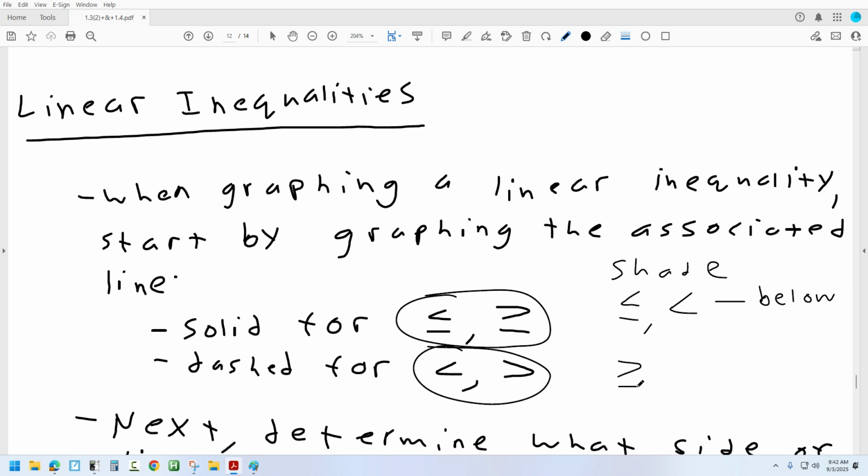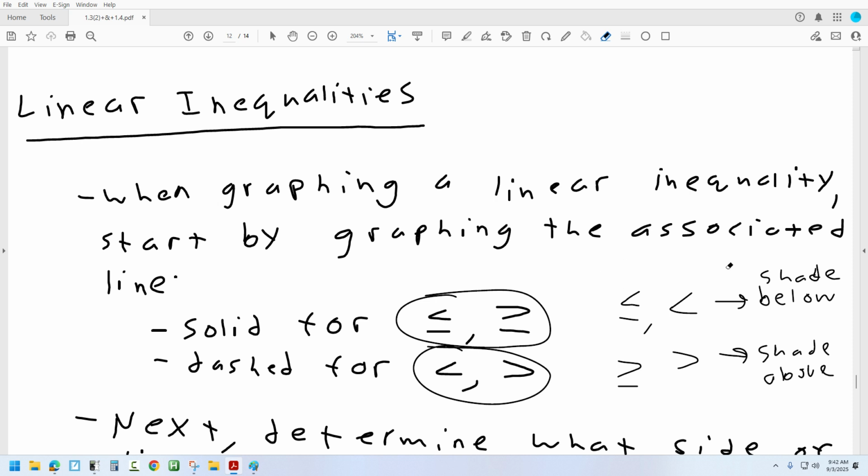If you have the greater than symbols, shade above. So I'll write it like that.